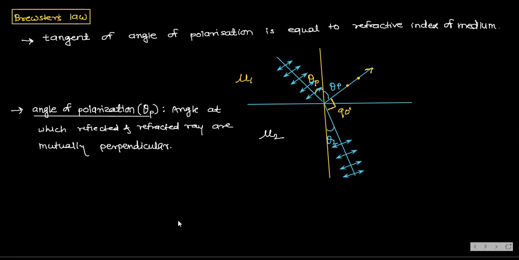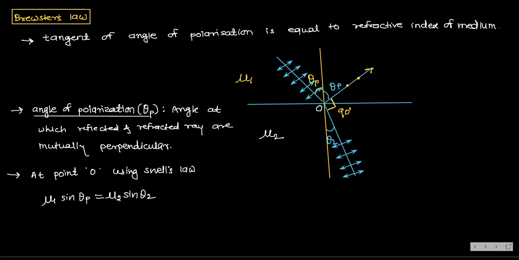Right? And now let's see here in this diagram, using Snell's law at point O. This is point O, suppose. We know Snell's law. What is that? Mu1 sine of theta p is equal to mu2 into sine of theta 2.